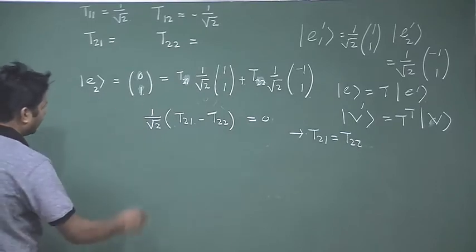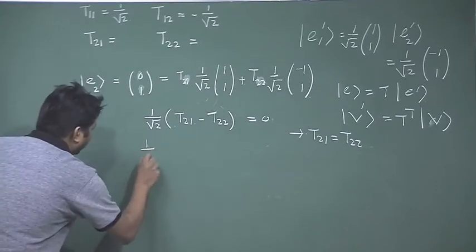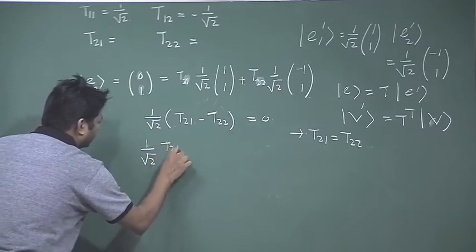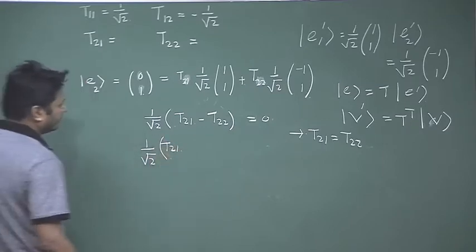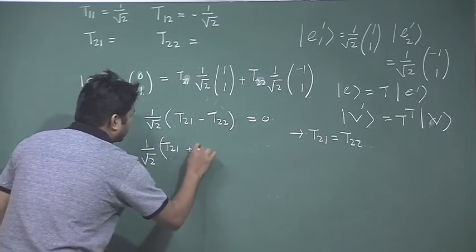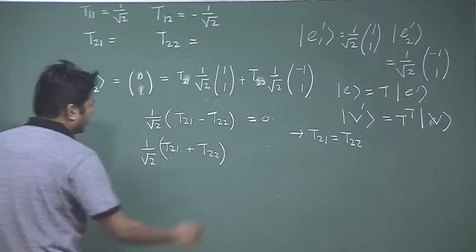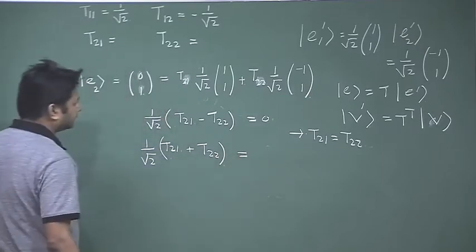Second equation I can write 1 by root over of 2, T21 plus T22, this is equal to 1.